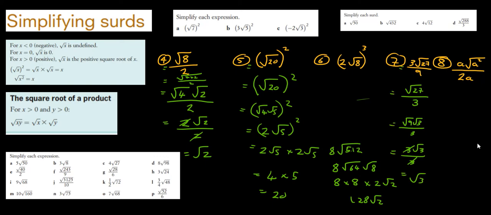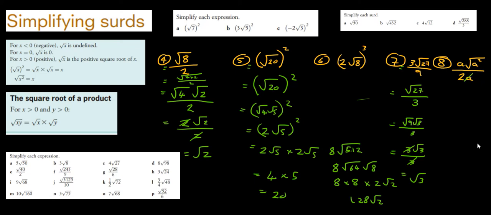Okay, so if we really wanted to check that on our calculator, we could do the root of 3 subtract, let's do a fraction, 3 root 27 all over 9. And if we've done the correct answer, we should get 0, which is what we do.